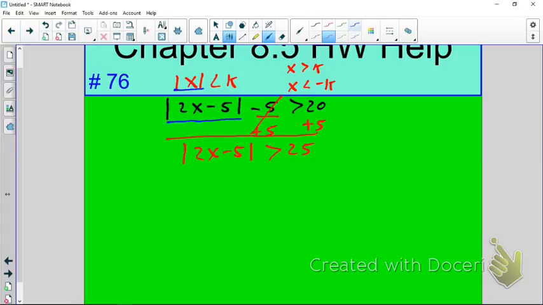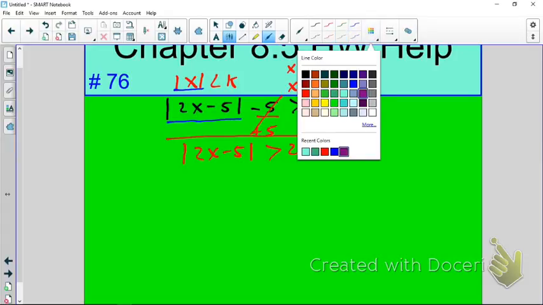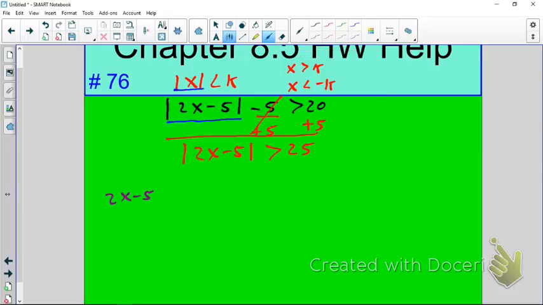Okay? So the first one's going to turn out to be, let me do that in a different color, 2x minus 5, strictly greater than 25. And the other one, and this time it's or, right? Or is going to be 2x minus 5, which is strictly less than -25.